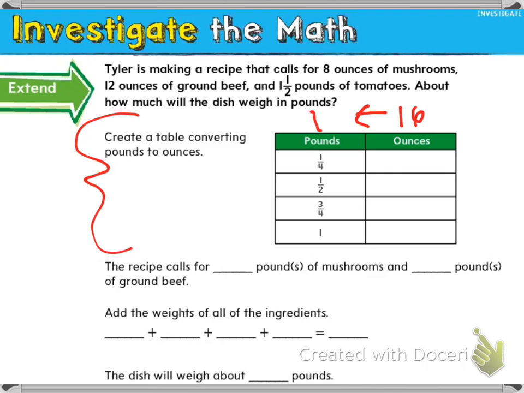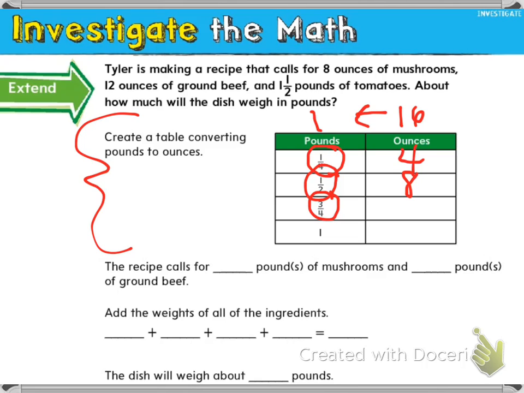Okay, so what is 1/4 of 16? We know 4 times 4 is 16, so 1/4 of 16 is 4. All right, what is 1/2 of 16? 1/2 of 16 is 8, because 8 times 2 is 16. What is 3/4 of 16?